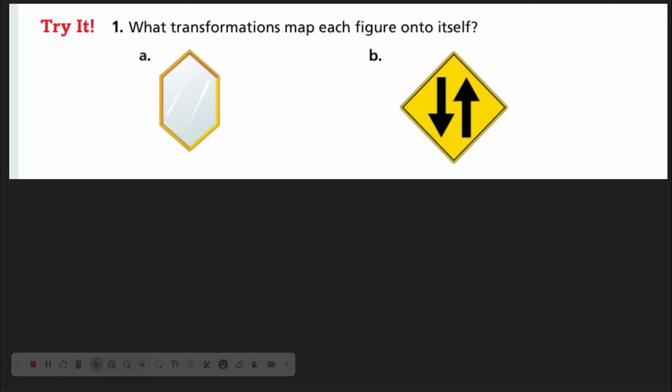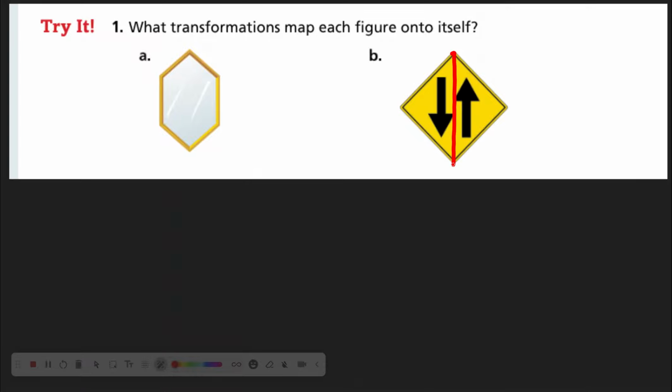Now, does figure B have reflectional symmetry? I don't think it does. The arrows will be pointing the wrong way if you were to try to reflect that vertically. Now you're going to have an up arrow on the left and a down arrow on the right, and that's not going to be the same. So there is no reflectional symmetry on this one.